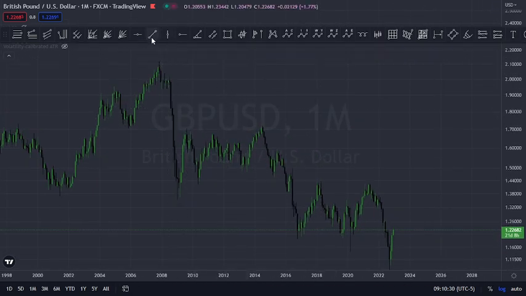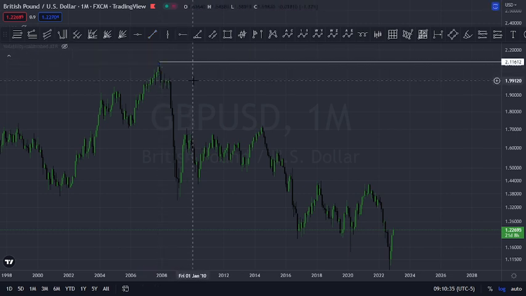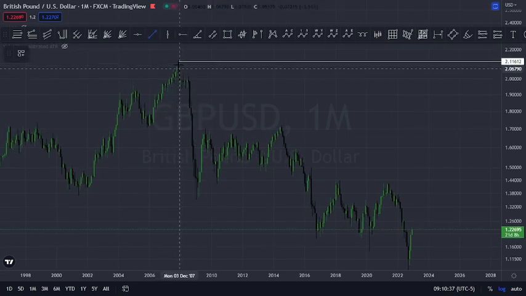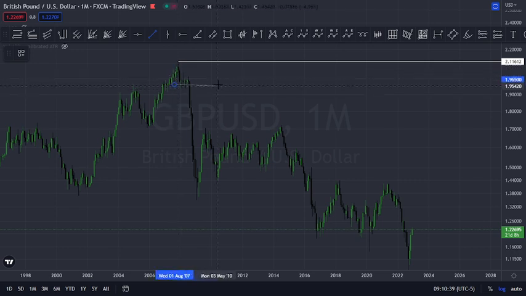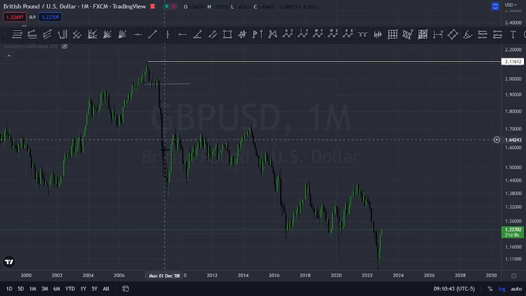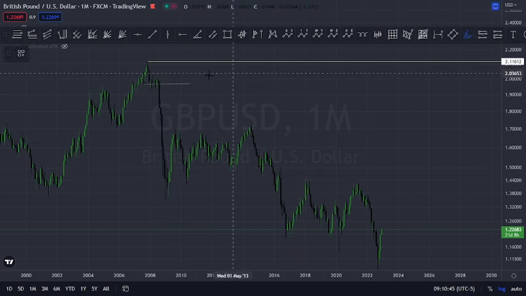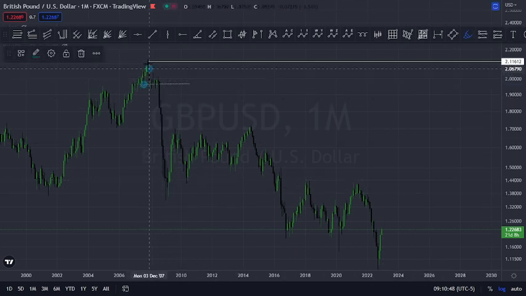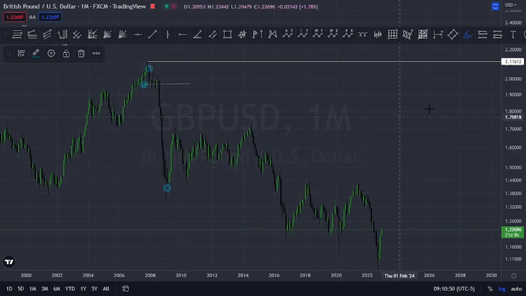Basically, what we did here is the pair made the top, and this was the break of structure. We broke the structure and we took the external liquidity.